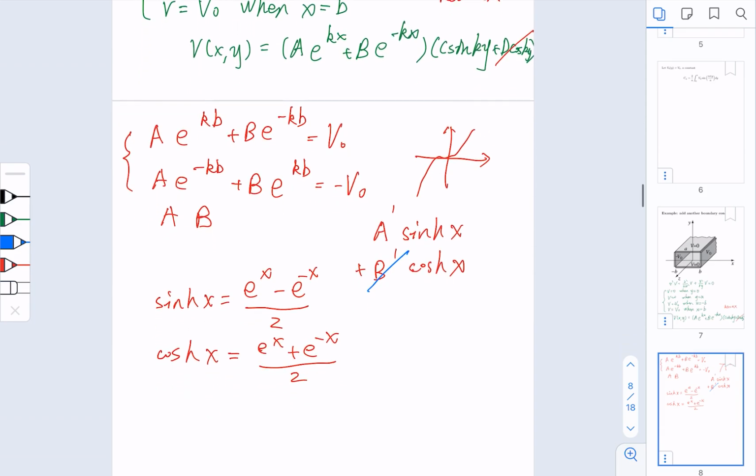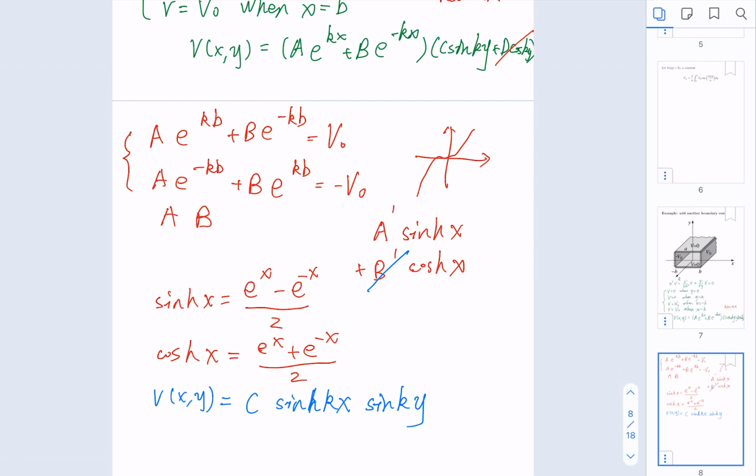So now let's rewrite the results. The result should be, again, a constant. So this expression is slightly different.